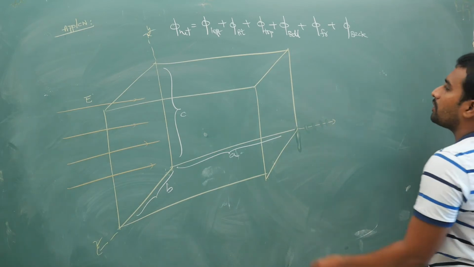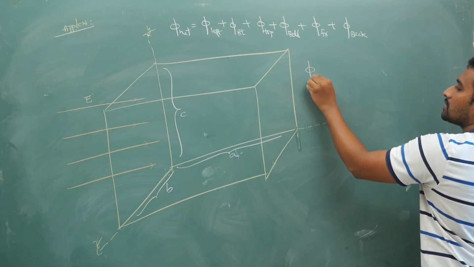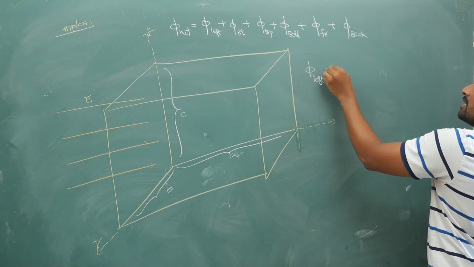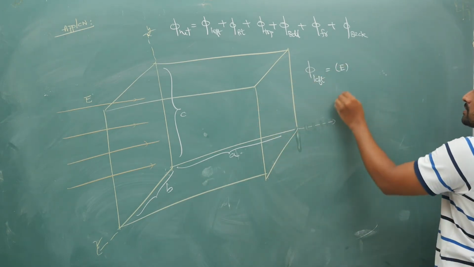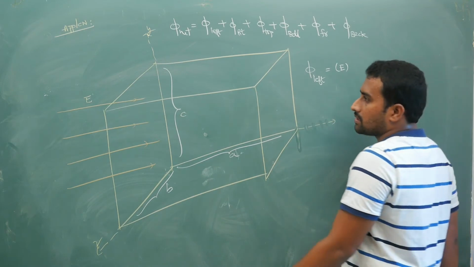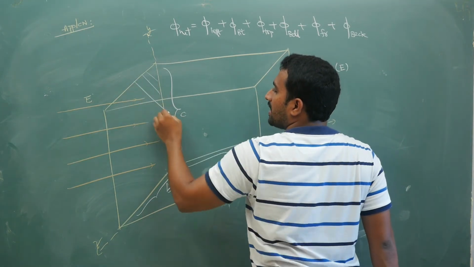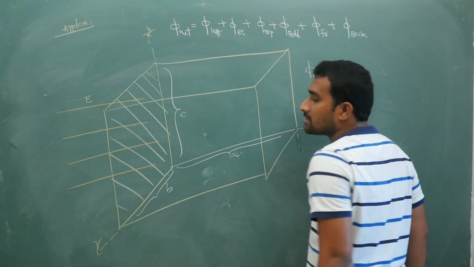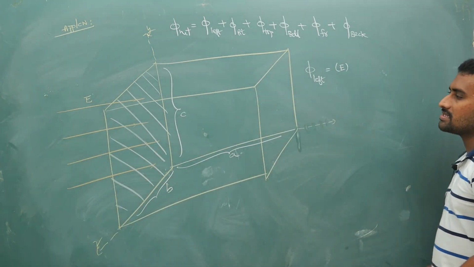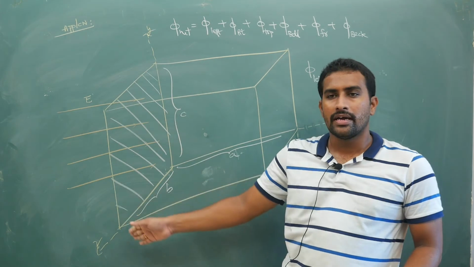Now if you try to calculate flux through the left surface, because you have a constant electric field, it is E times the area of the left face. What is the area of the left face, this shaded portion? It is B into C, because the left face is in the shape of a rectangle.